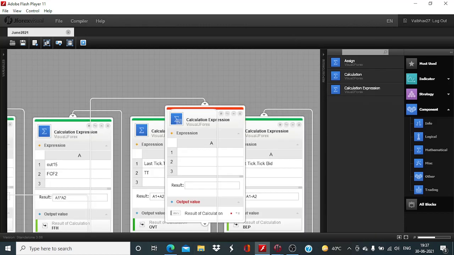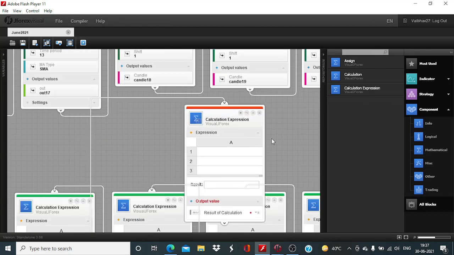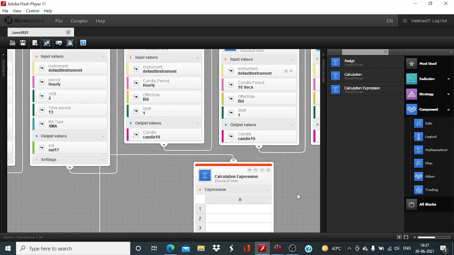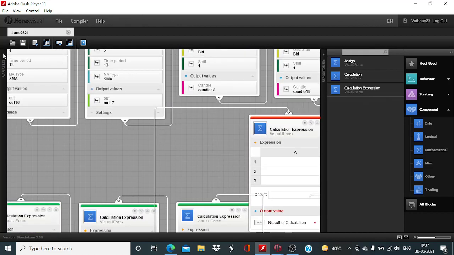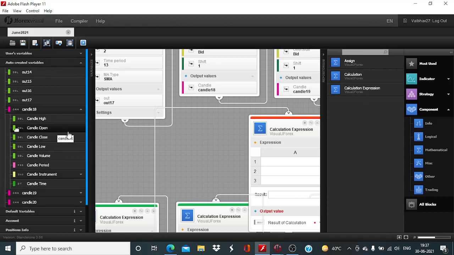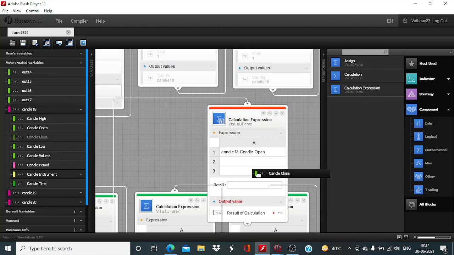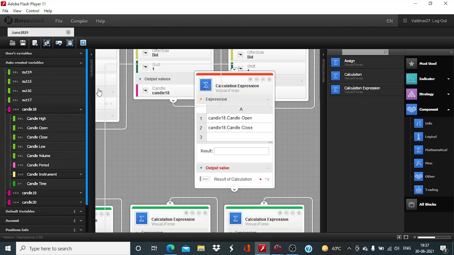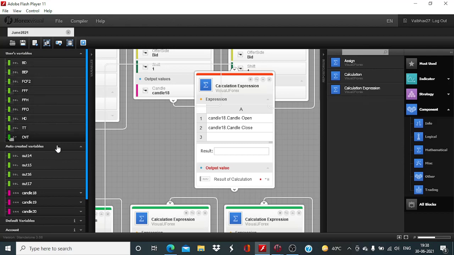Candle 18's candle close will need to be deducted from candle 18 candle open. Open minus close, which will need to be multiplied by half, 0.5.